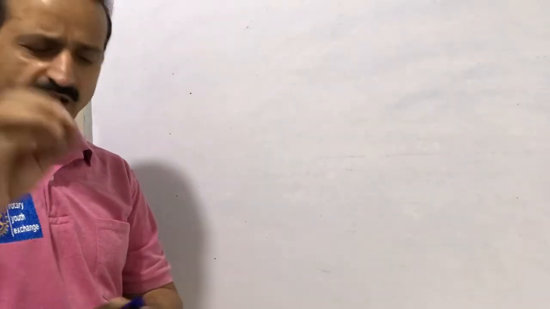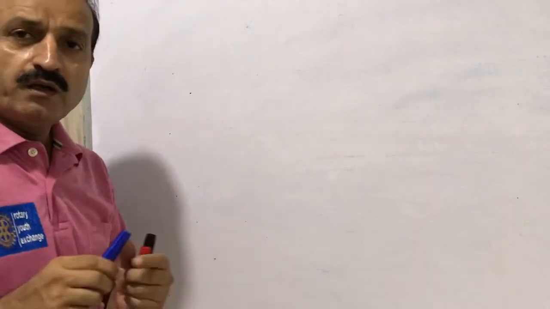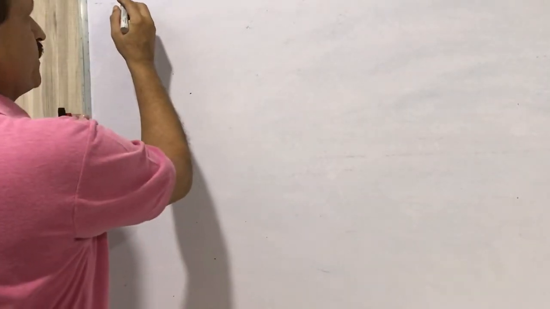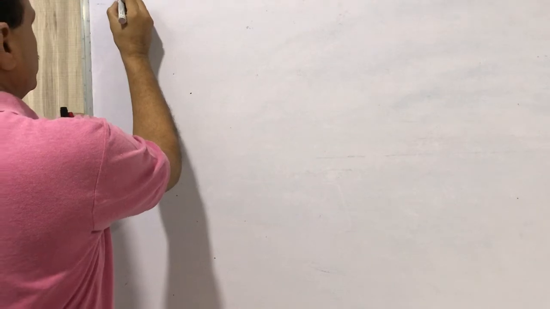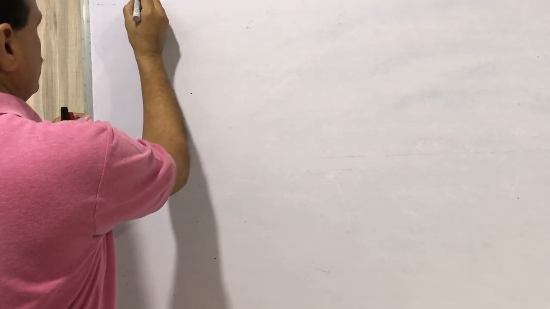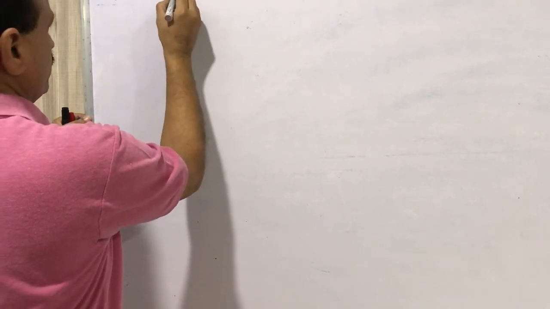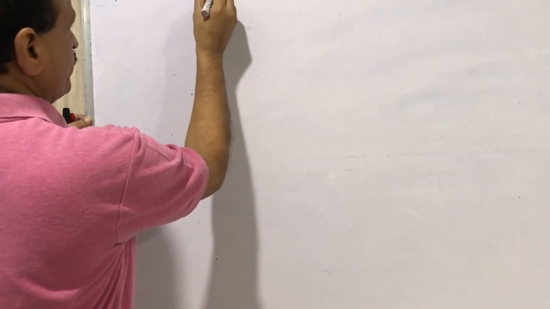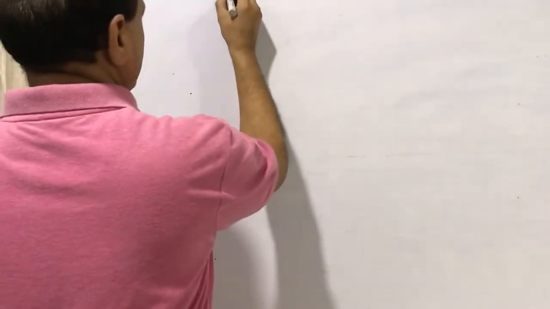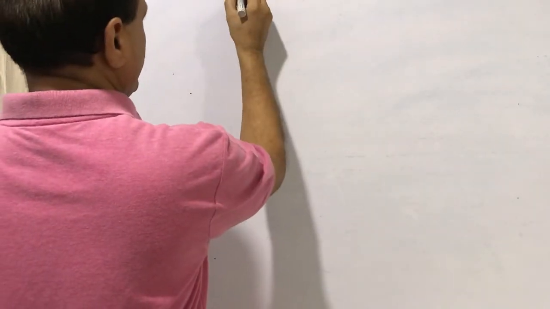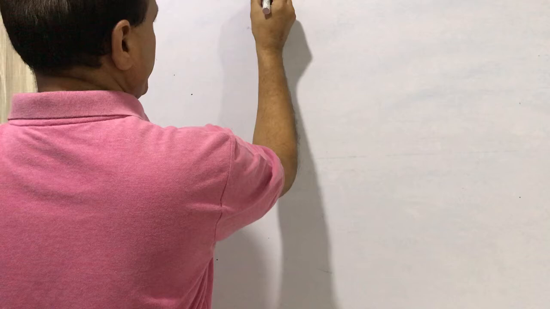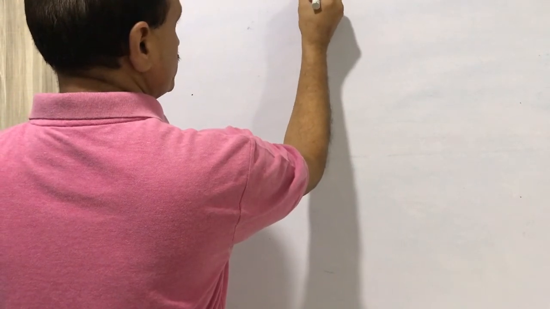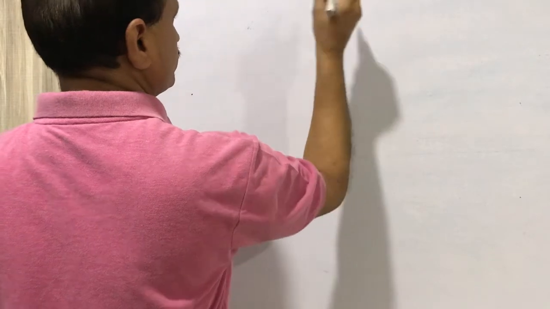So one example I am giving. In one compound, the percentage of carbon is 54.55, the percentage of hydrogen is 9.06, and the percentage of oxygen is 36.39.